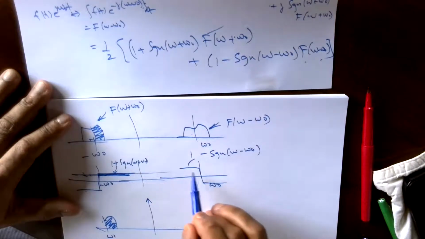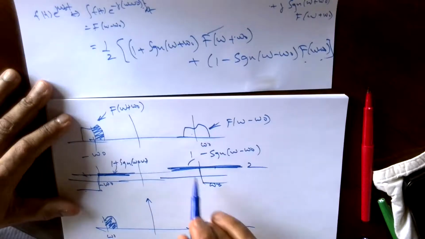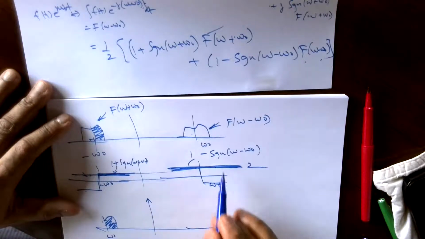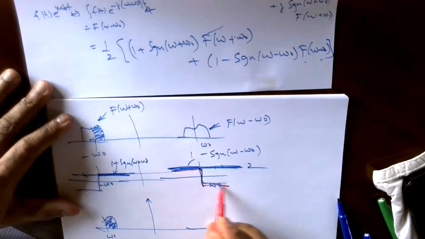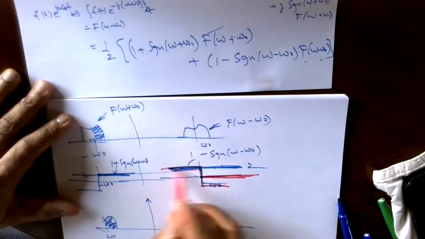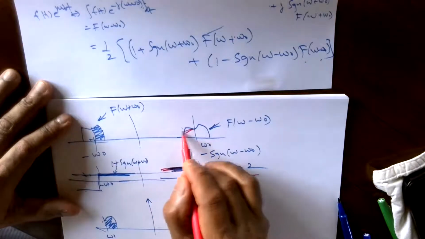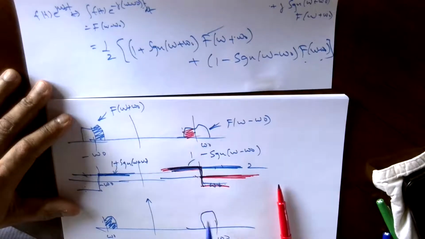And if you add 1 to it, this will cancel off, so you'll only get this portion. This will be 0. This portion will pick up. Essentially, you're picking up this.